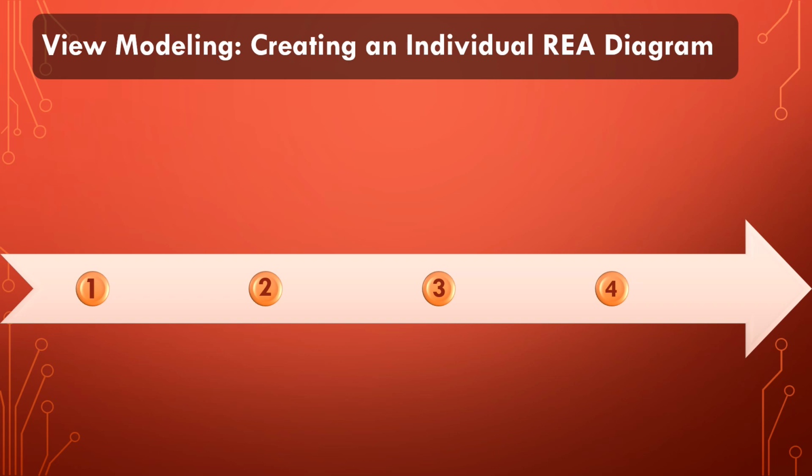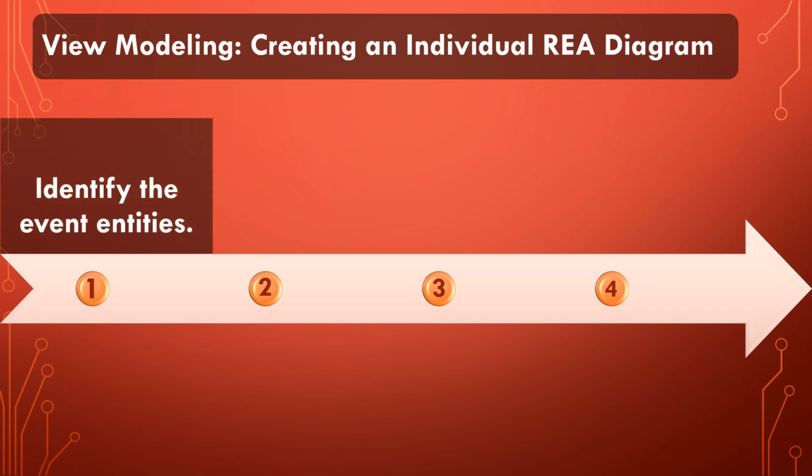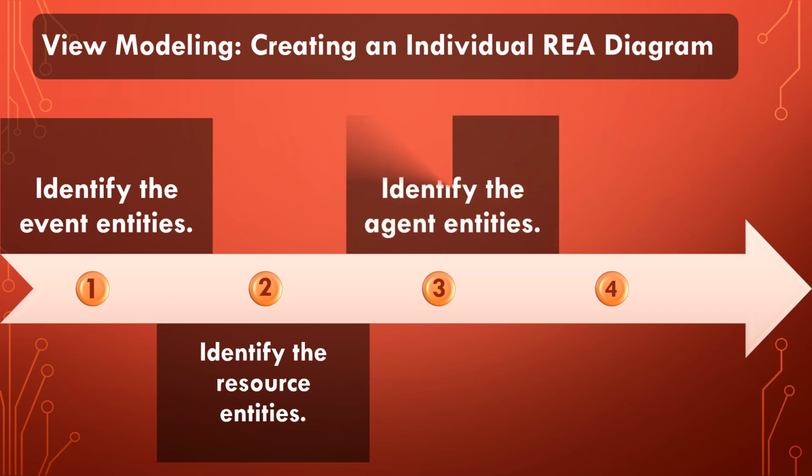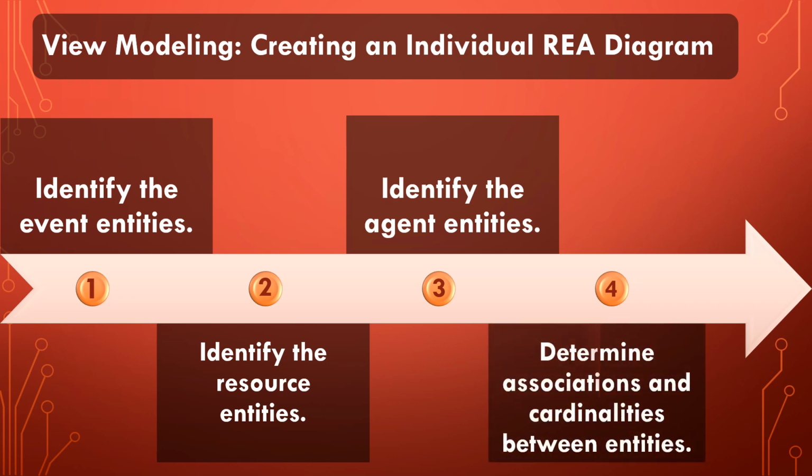Let's have a look at database modeling, the steps for creating an individual REA diagram. Step one is to identify the event entities. We need to know what the events are within this data modeling transaction. Then we identify the resources affected by this transaction, identify the agent entities, and lastly, we need to determine the associations and the cardinalities between the entities.